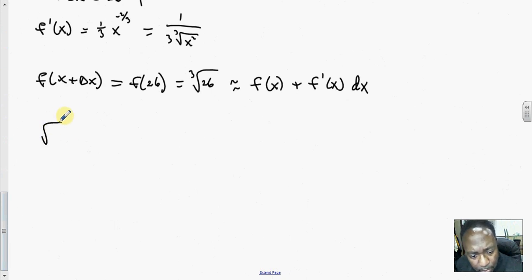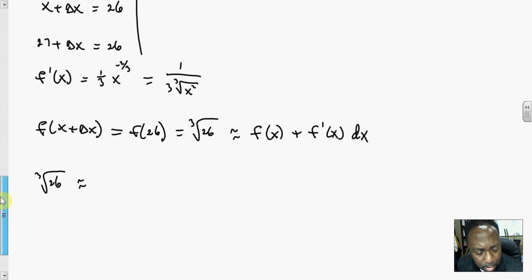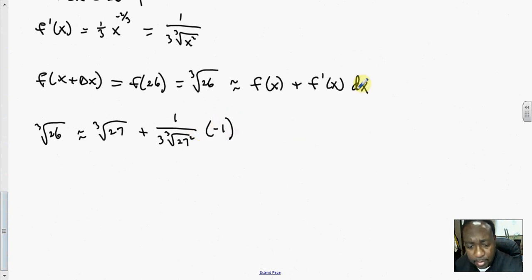So the cube root of 26 is approximated by, the x is 27, right? So this is the cube root of 27 plus f prime of 27. The derivative is 1/3 times the cube root of 27 squared, times negative 1, the dx.